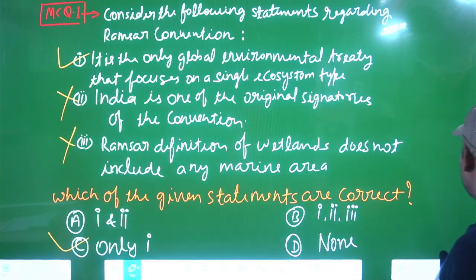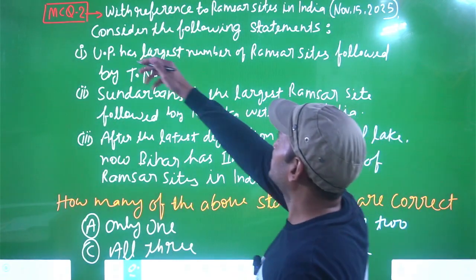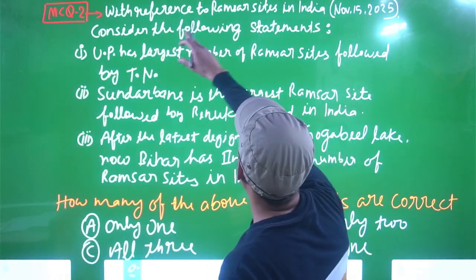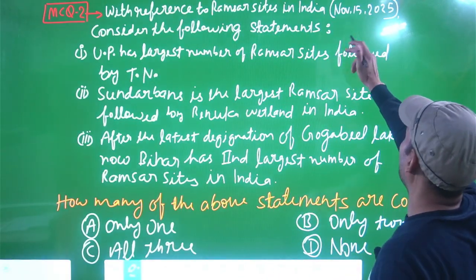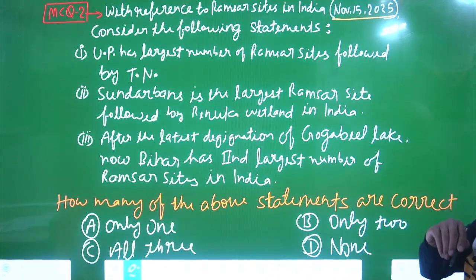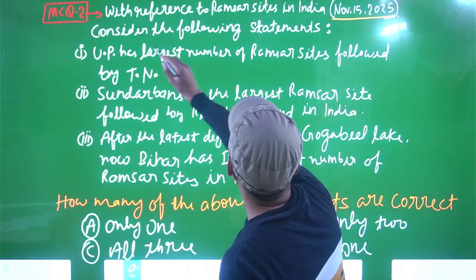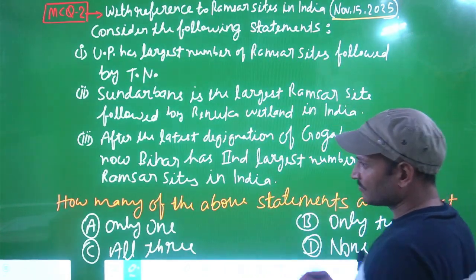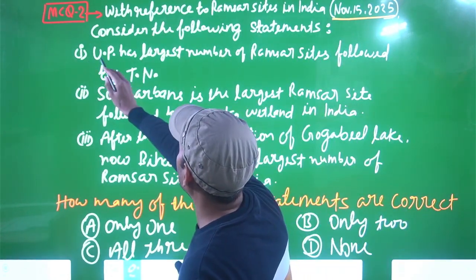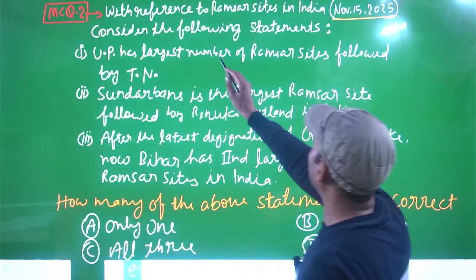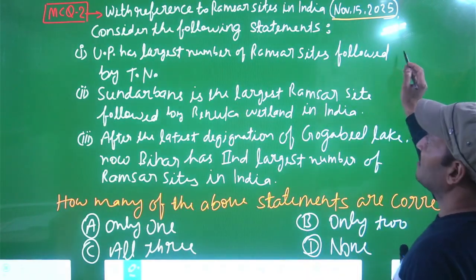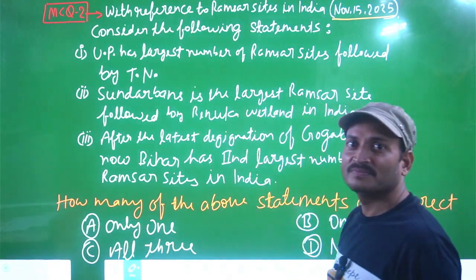Now coming to the next MCQ, MCQ 2, it says, with reference to the Ramsar sites in India as of November 15, 2025, consider the following statements. First statement says, Uttar Pradesh has the largest number of Ramsar sites, followed by Tamil Nadu.